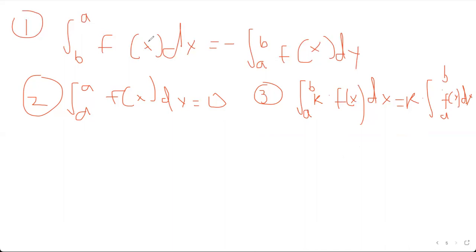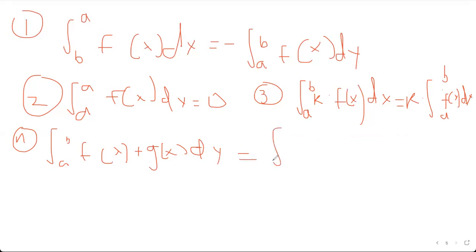Another one that's pretty common, used often, is the integral from a to b of f of x plus g of x dx is equal to the integral from a to b of f of x dx plus the integral from a to b of g of x dx.